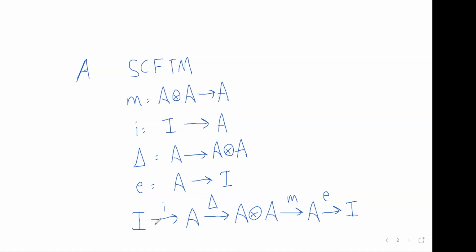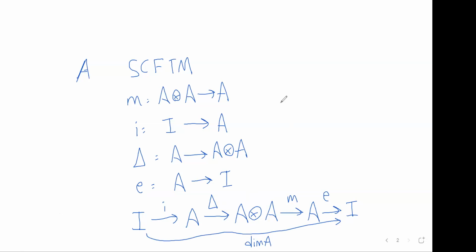And so we get an endomorphism of the unit. This composite morphism here is sometimes called the dimension of A. It's sort of begging the question as to what it is.